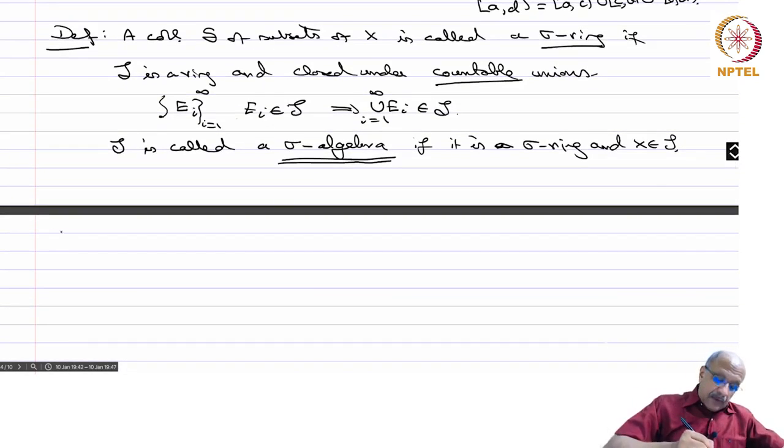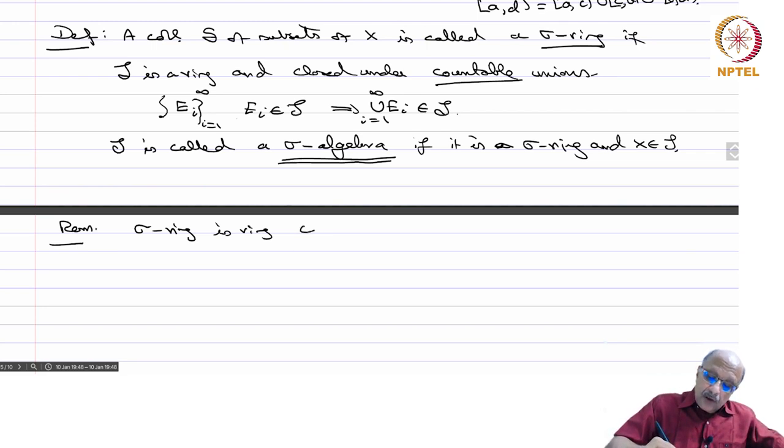Remark again, so a sigma ring is a ring closed under countable unions.